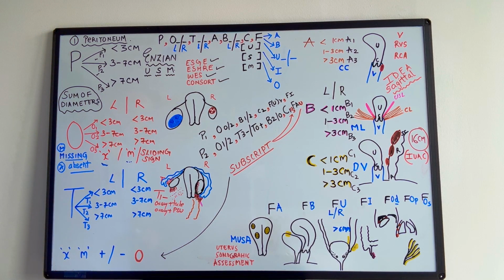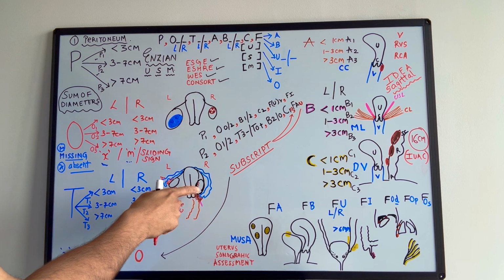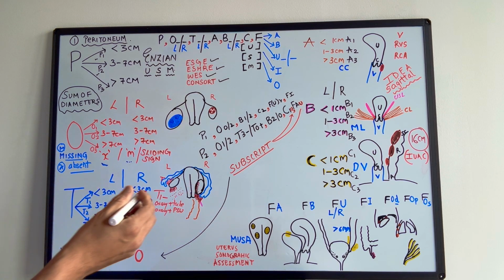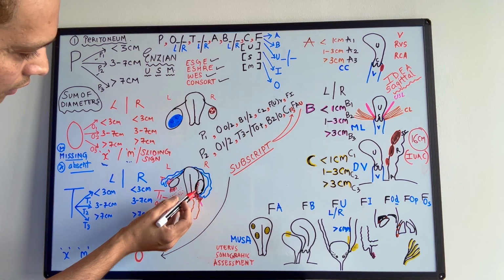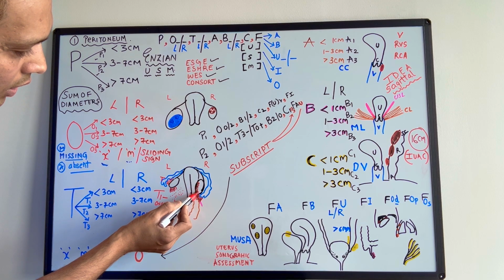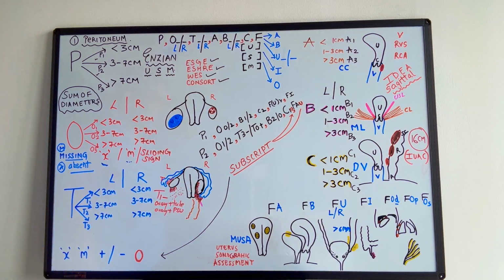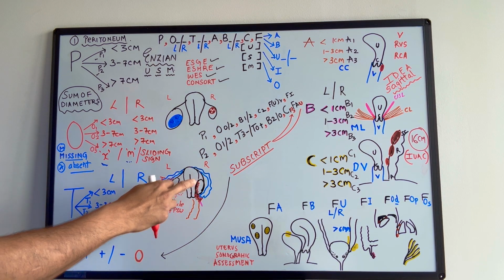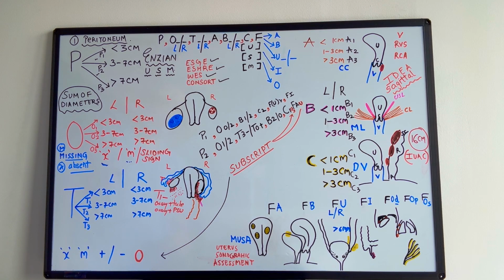If you go to T2 and T3, T2 means the adhesion is to the uterus. So if you see the right side, the red line is the adhesion between the ovary and the uterus. So that includes T2. And again, there will be a numerical value depending on how much of that is involved.